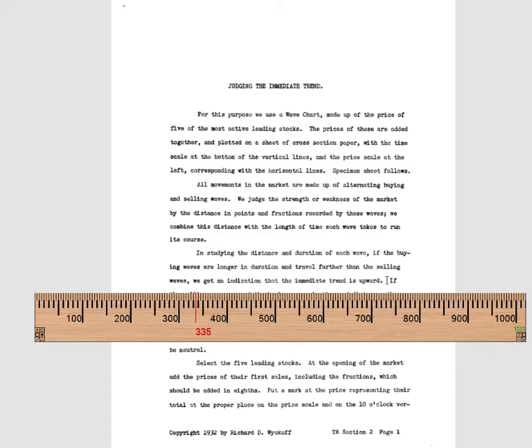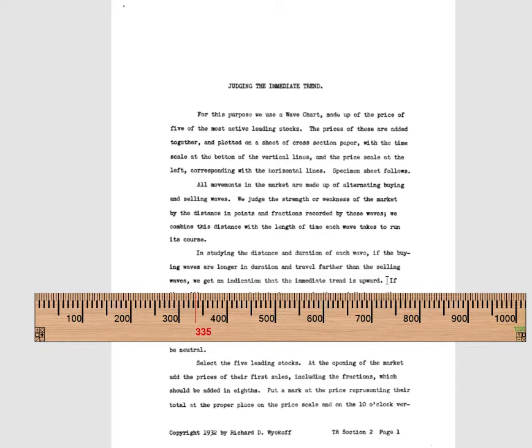All he's saying is, okay, it goes up more than it goes down, and for a longer period, then the trend is up. Why? Because more price and more time up than price and time down, therefore the trend is up.